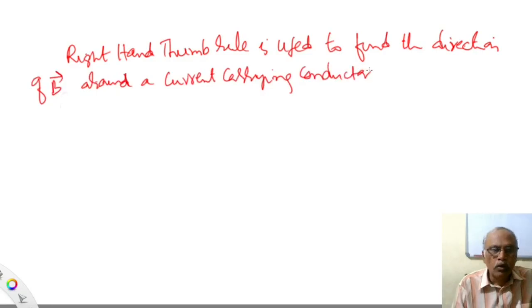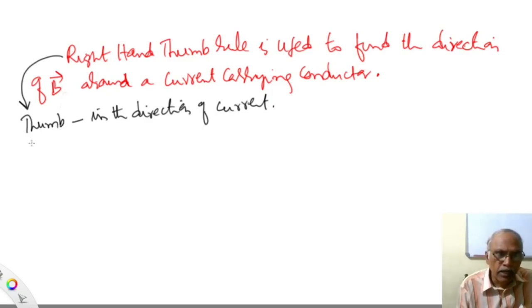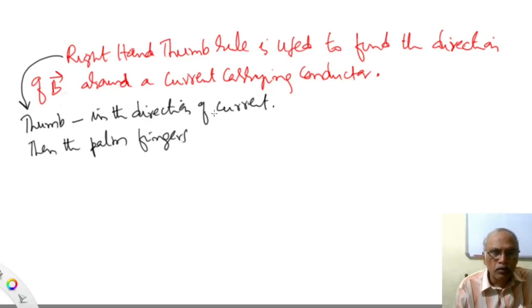What is the right hand thumb rule? You keep the right hand thumb in the direction of current, and then fold the palm fingers.